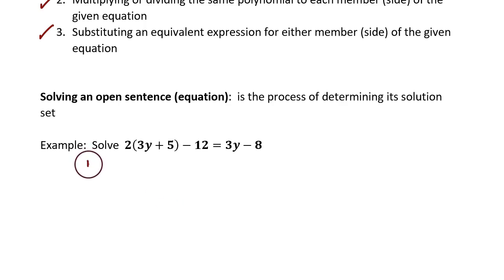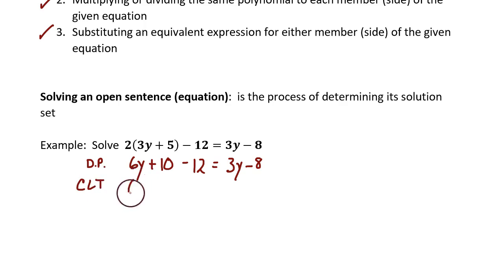First, let's do the distributive property. 2 times 3y is 6y, and 2 times 5 is positive 10. Next, let's combine like terms. The positive 10 and the minus 12 makes negative 2.